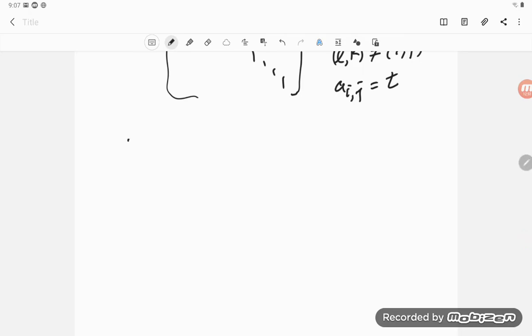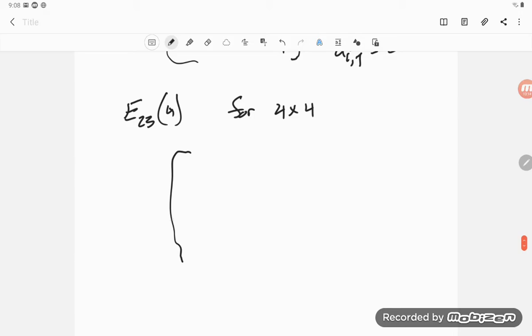And so in that case, something like E_2,3 of 4. And again, for what size matrices? Well, say for 4 by 4 matrices. So I'm just going to work with row 2.